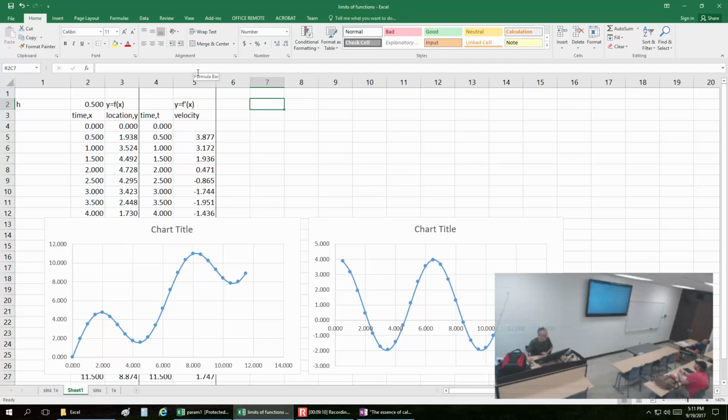acceleration. Once again, y is equal to f double prime of t, which is the notation for the second derivative, the derivative of the derivative. Let me take this. This is going to be acceleration.